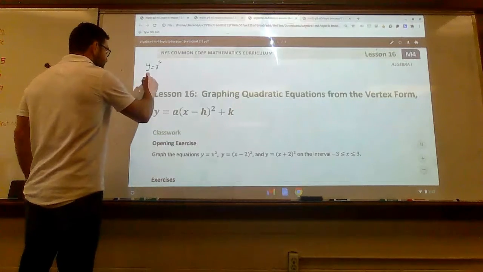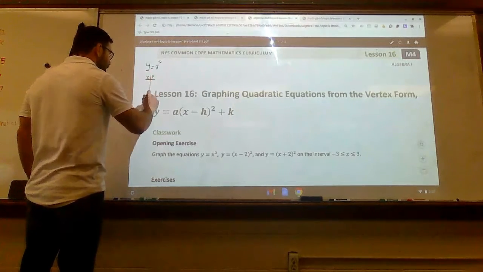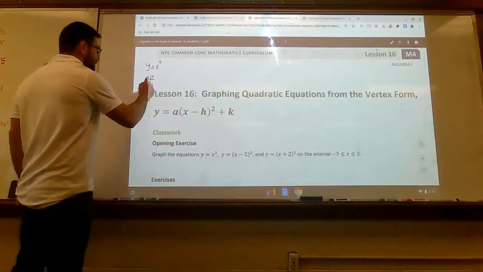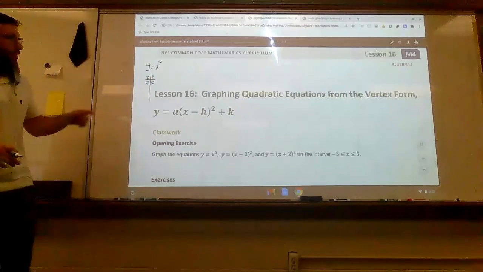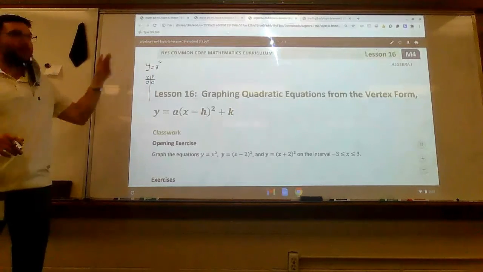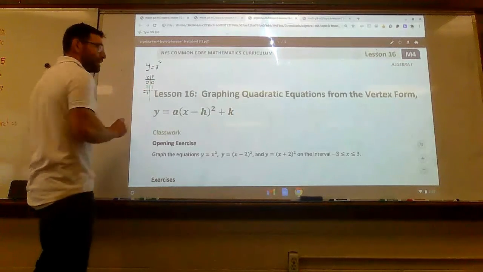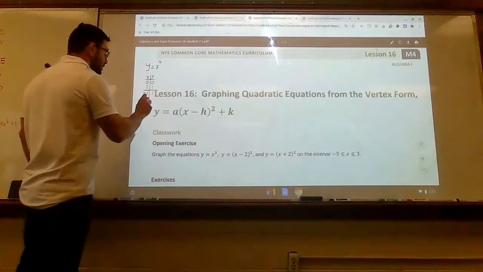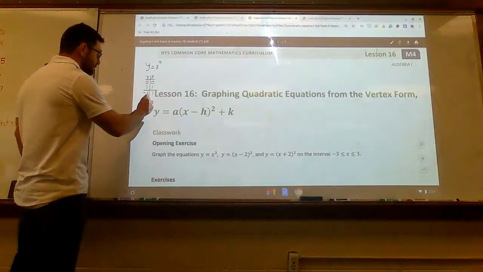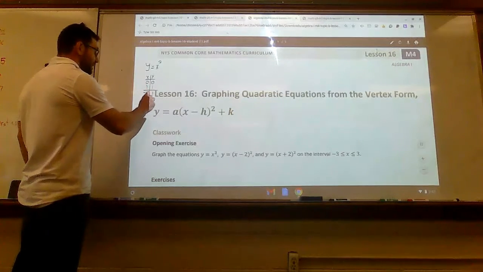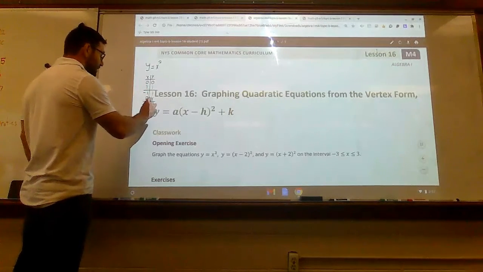So we know that the vertex is at 0, 0. If I substitute in 0, I get 0. If I substitute in 1, I get 1. Same idea with its reflection point, -1, +1. If I do 2, I get 4. If I substitute in -2, I get 4.